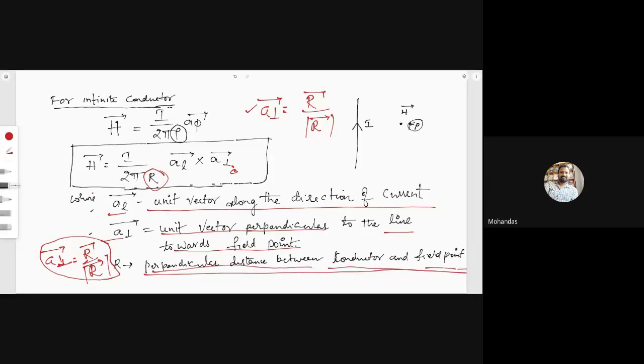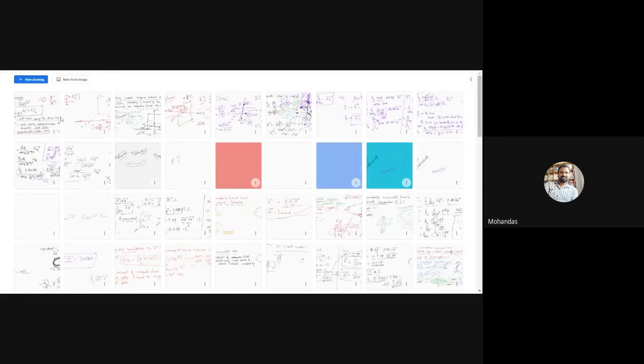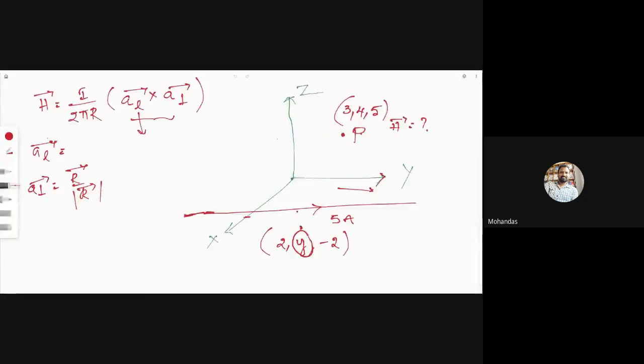Now come to the point here. See, tell me in this problem, what is the field point here? Field point is 3, 4, 5. So you have to calculate H at this particular point P. Now we have to establish the R value. What is the R here?